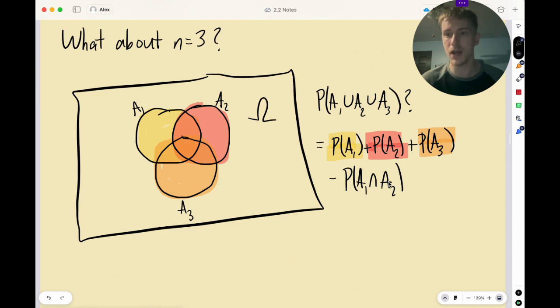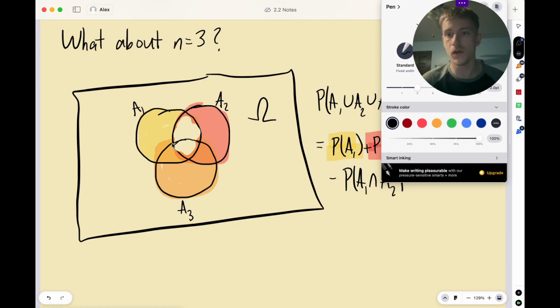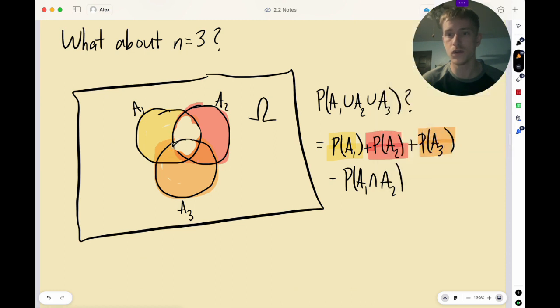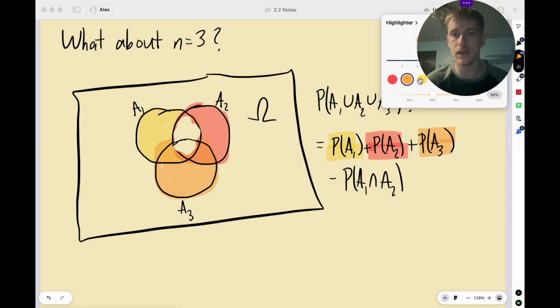So if I subtract that off like this, it's fine, except there's a small complication. Because actually, we only removed one of the intersections.